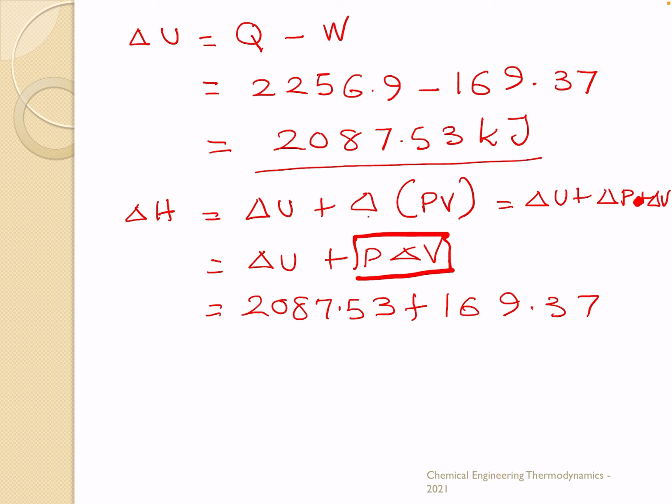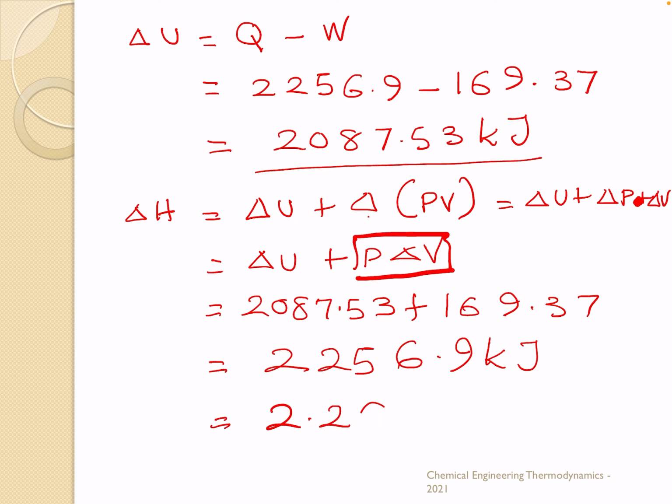So if you plug that in, we get 2256.9 kilojoules, or we can rewrite it as 2.2569 times 10 raised to the power 3 kilojoules.